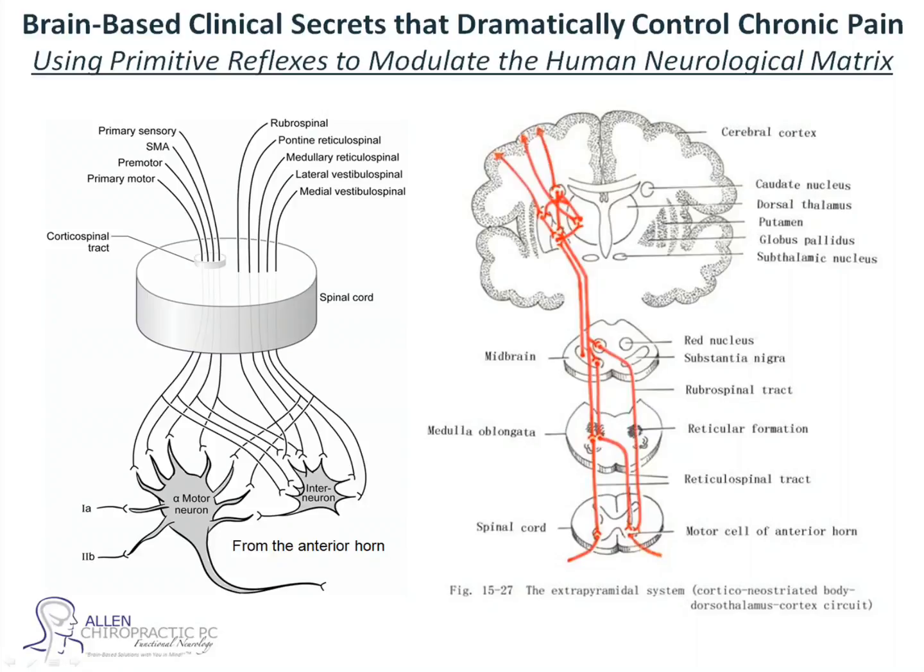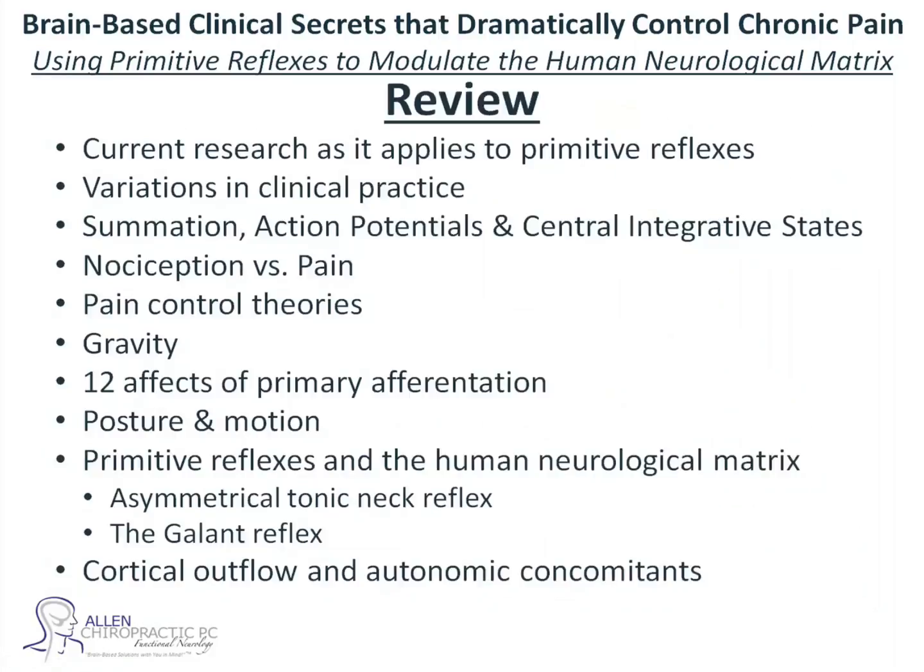And the picture here on the right shows how that signal cascades through the midbrain, medulla, and to the cord to cause ultimate modulation there in the anterior horn of the spinal cord. It's primarily important to get the extrapyramidal system controlled, and that's secondary to the afferents that come from 1A afferents.